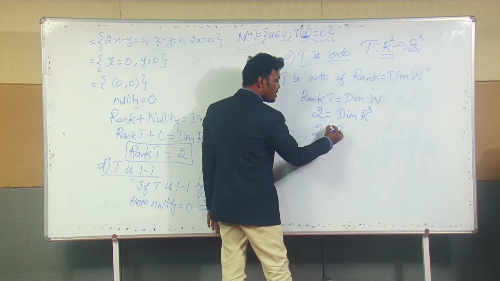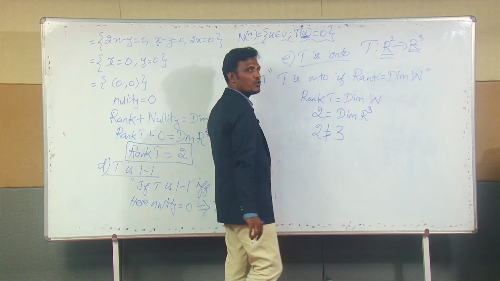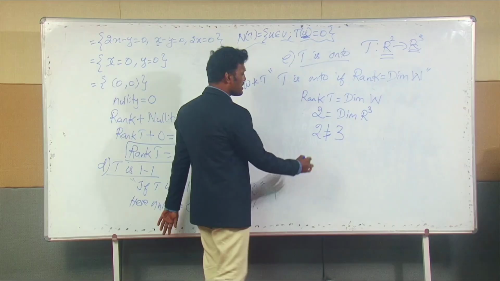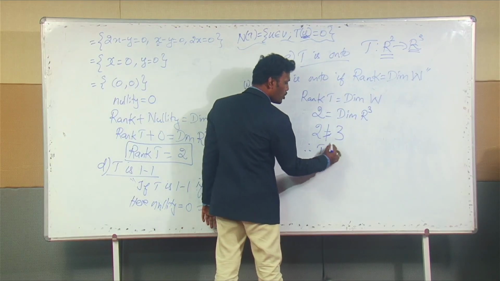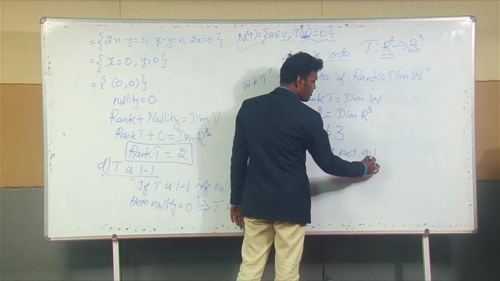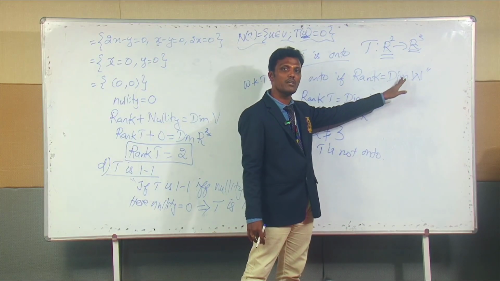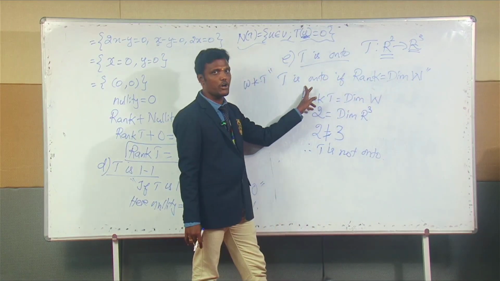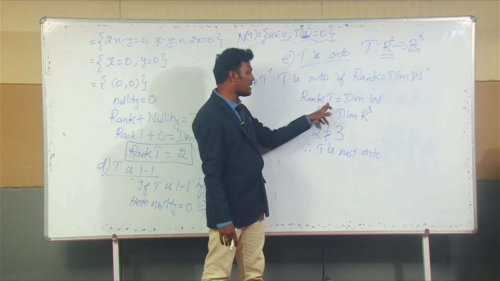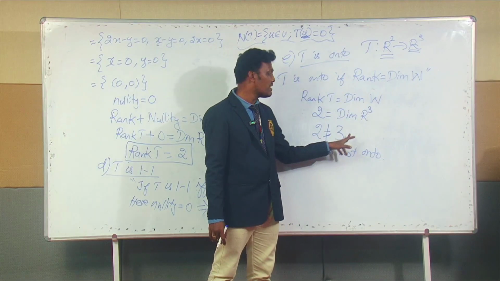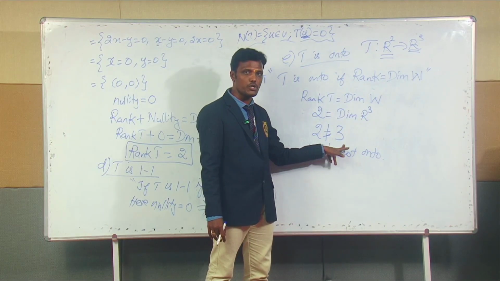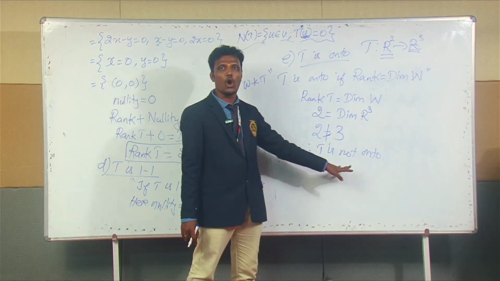So 2 is not equal to 3. If 2 is not equal to 3, you can say T is not onto. If rank and dimension W are equal, you can say T is onto. But in this case, rank is 2 and dimension W is 3, which is not equal. Therefore, T is not onto.